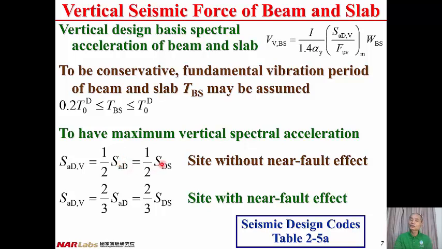Therefore, SAD equals SDS for the site without near-fault effect. That's the site far away from the active fault. If the site is close to the active fault, a near-fault effect has to be considered. Therefore, SADV equals 2/3 of SAD, with SAD at its maximum.